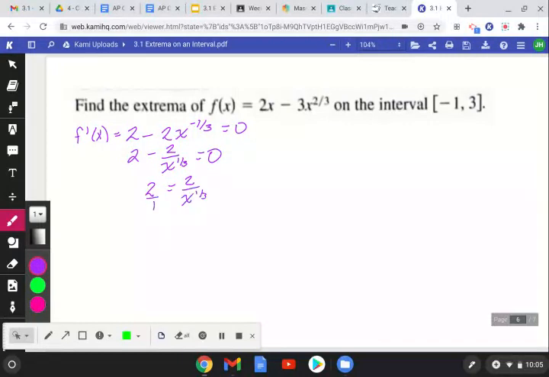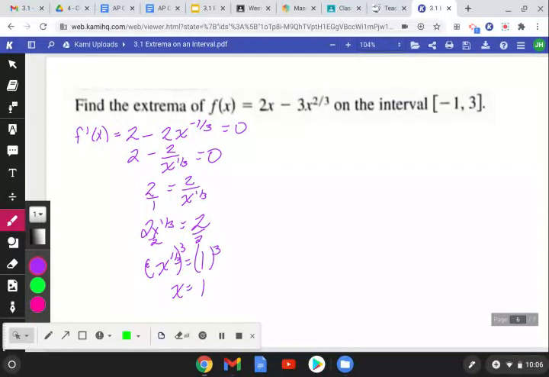So that if you look at a fraction equal to a fraction, I can cross multiply. So I have 2x to the 1/3 equal to 2. And then I can divide both sides by 2. And then I can cube both sides. And I'll have x equals 1.